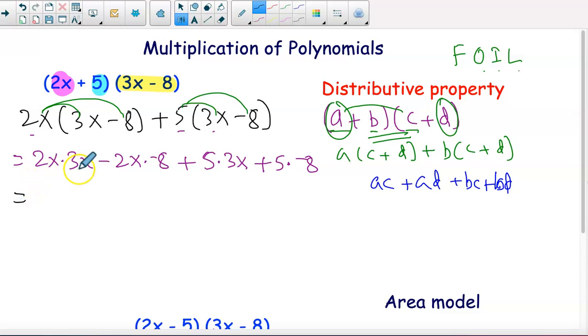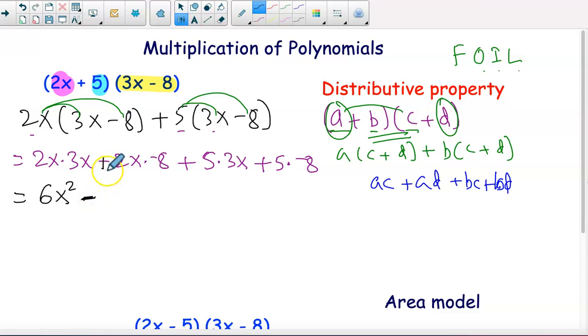This is 2 times 3. 2 times 3 is what? 6, x and x, x squared, 6x squared. Then plus 2x times negative 8. Positive times negative is a minus sign, so you could have written minus at the beginning also.